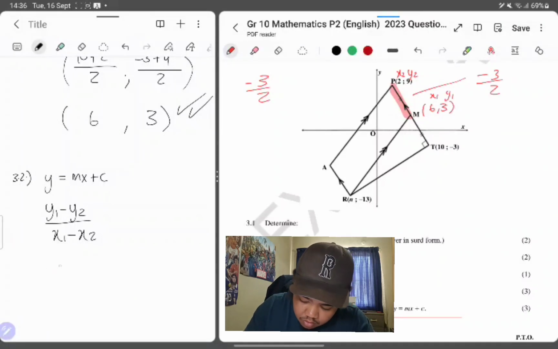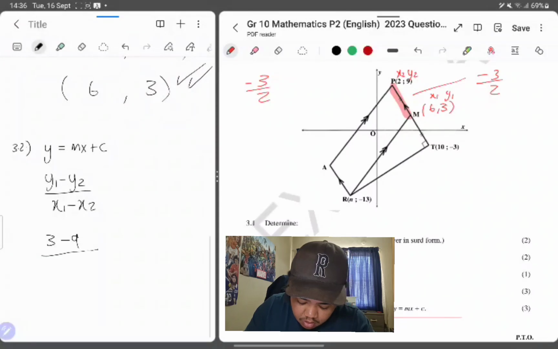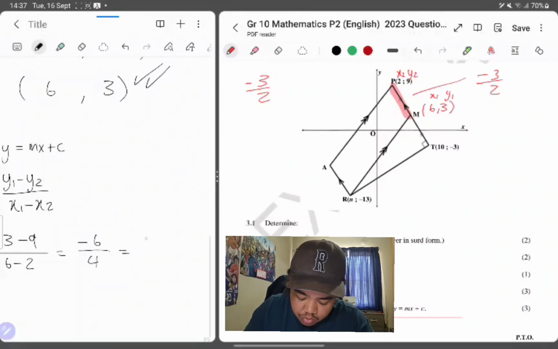So 3 minus 9, that's the y of this point minus the 9 there, over 6 minus 2. So 3 minus 9 gives you negative 6 over 4, which is equal to negative 3 over 2.